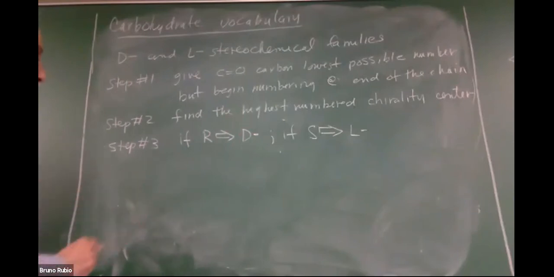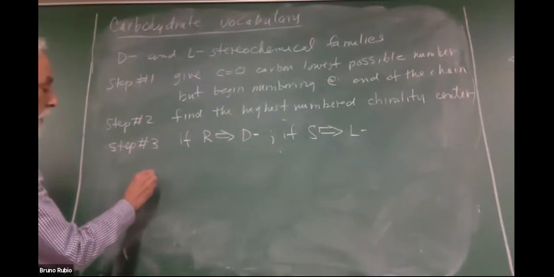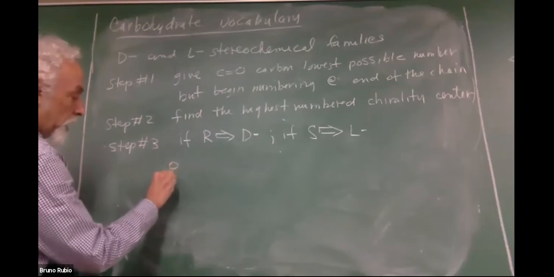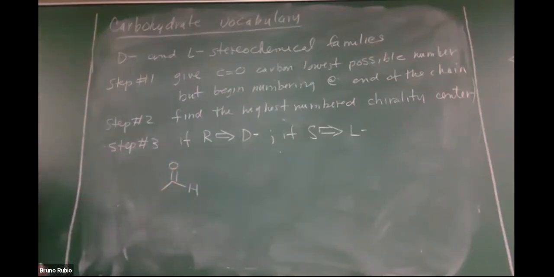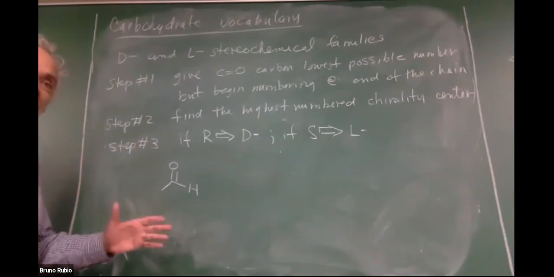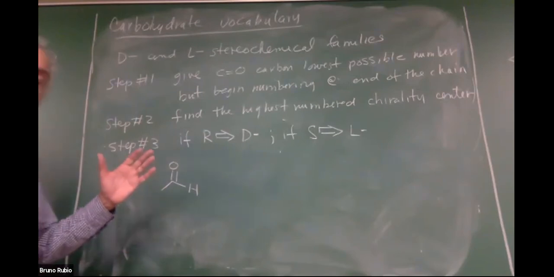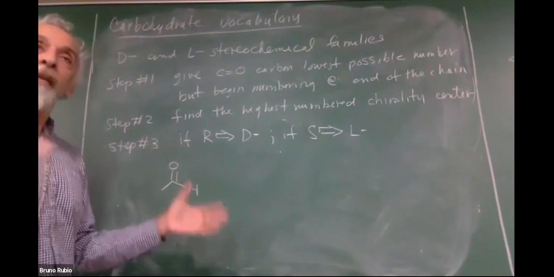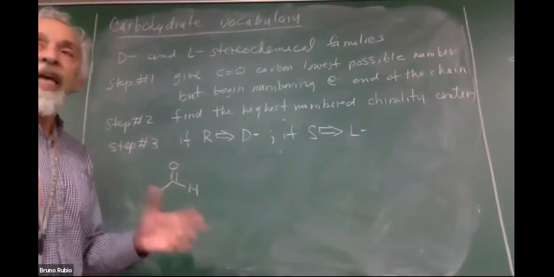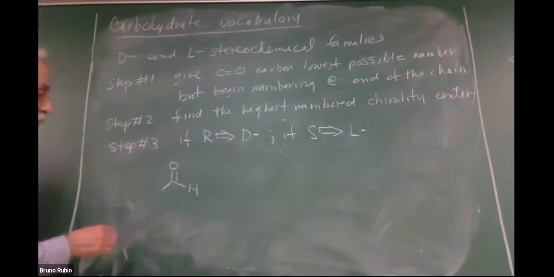Let's do some examples. All right, so anytime we're talking about carbohydrates, there's a whole lot of writing because the carbohydrate can have many, many carbons, and there will be a lot of OH groups on there. And now we're talking about stereochemistry, so we're going to have to dash and wedge everything. So just bear with me.